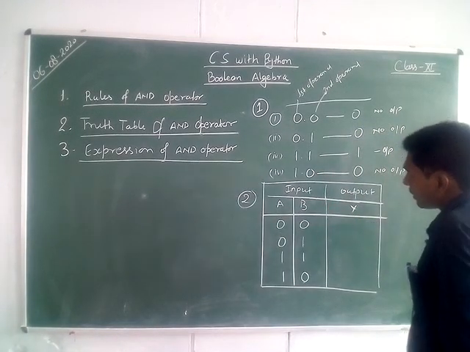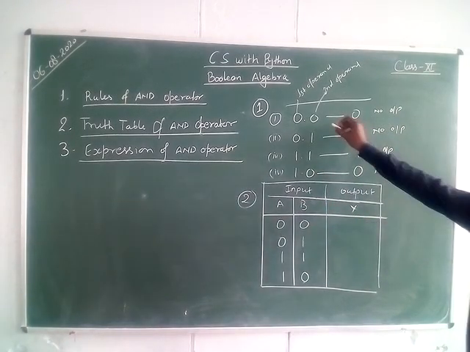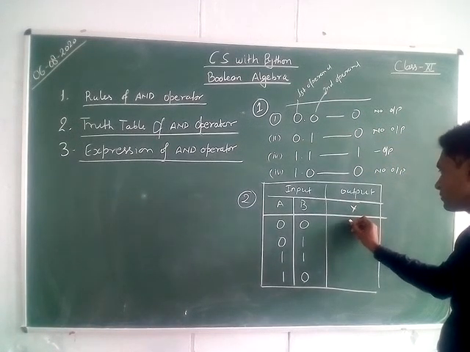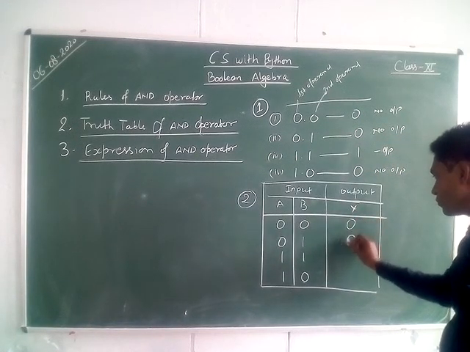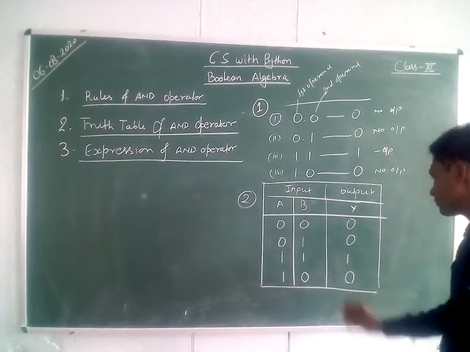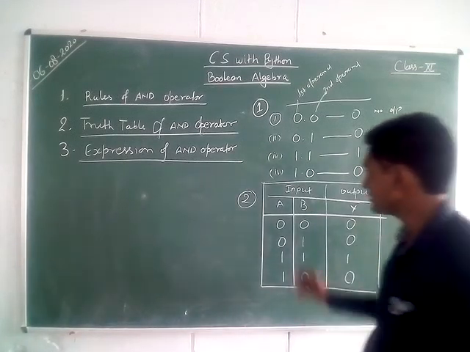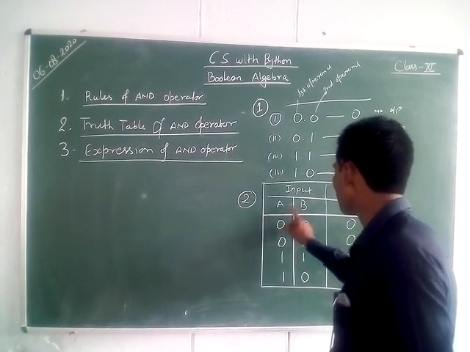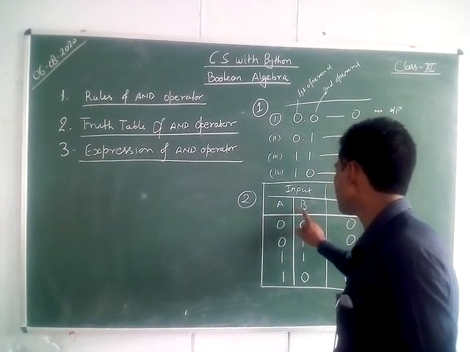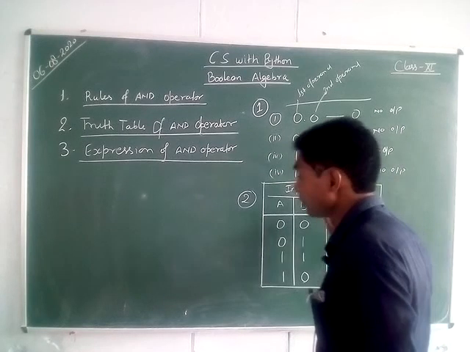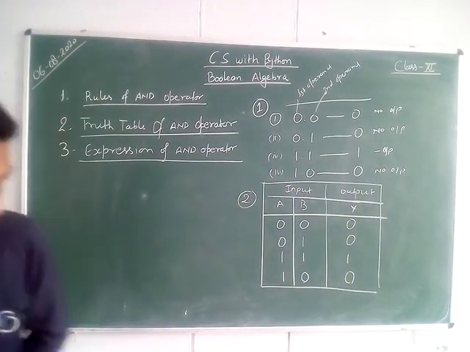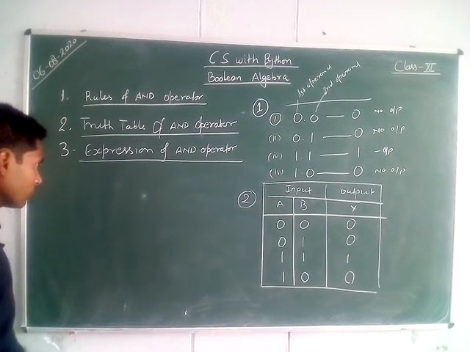To make a truth table, we need to follow the rules of AND operator. It will give you 0 0 1. This is a truth table for two inputs. A and B represent input, Y represents output. If we have to make a truth table for three variables, then how will you make it?